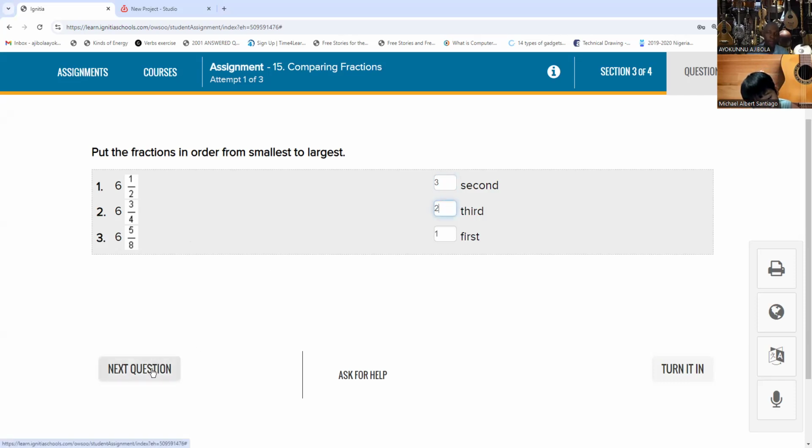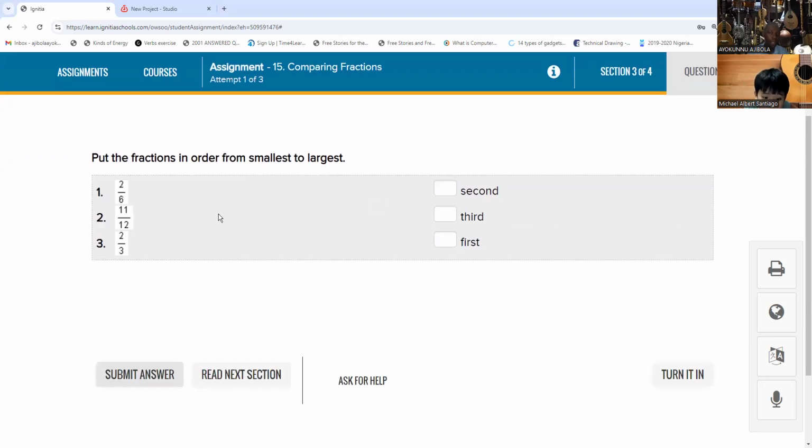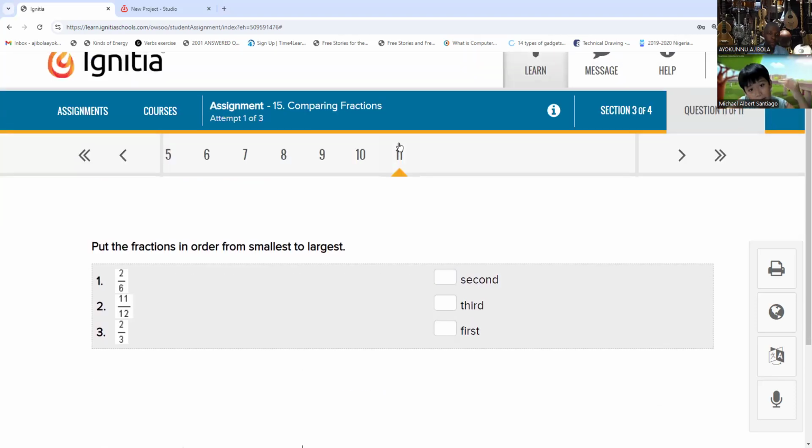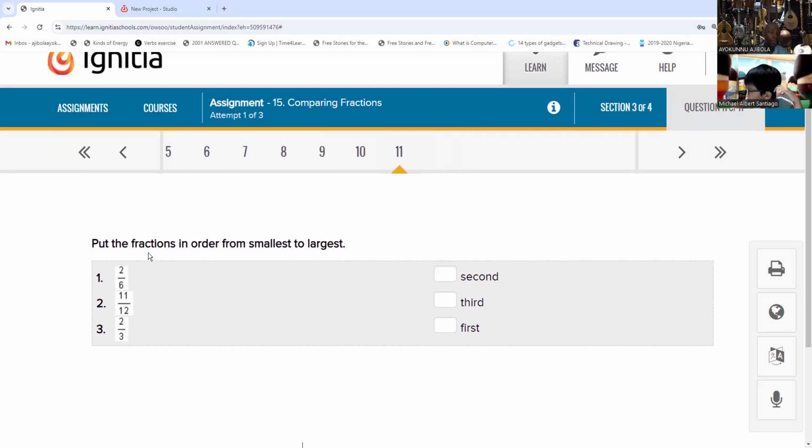Then the next one, which is the last question on that part. We want to arrange this from the smallest to largest. Wait, let me check the previous one. Is it smallest to largest? That's correct. So 2/3, 11/12, and 1/6. The LCM is 12, okay? So 3 in 12 is 4. 4 times 2 is 8.